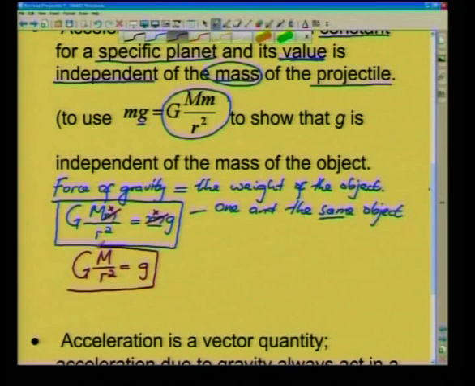Now, this tells us that the acceleration due to gravity is independent of the mass of the object. It doesn't matter how huge the mass is or how small the mass is, both objects will experience the same amount of acceleration.